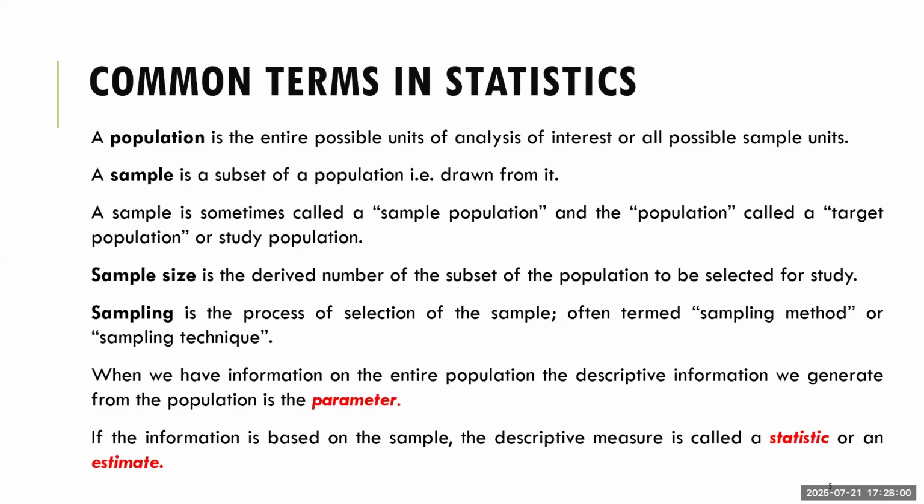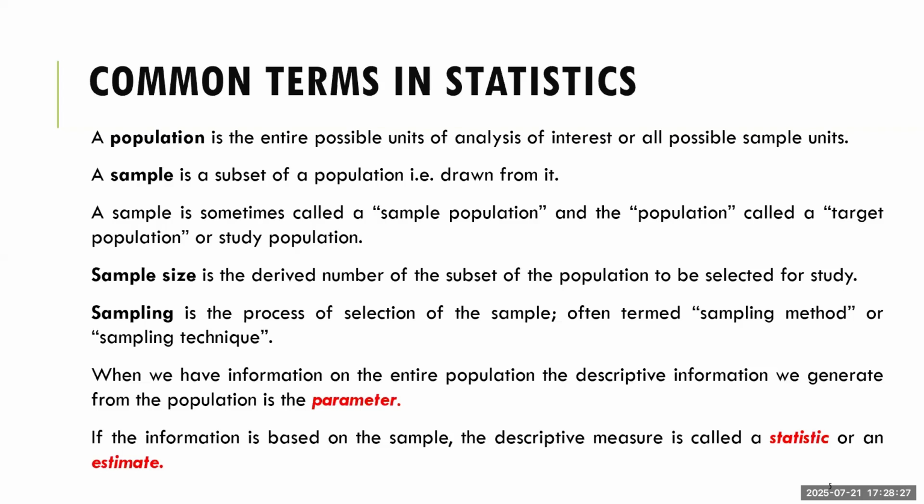While if we were able to calculate the mean weight for the entire postgraduate students of the University of Port Harcourt, that's the population, that summary measure is the population parameter. But sometimes we may not know what the population parameter may be. So this is where inferential statistics come in.